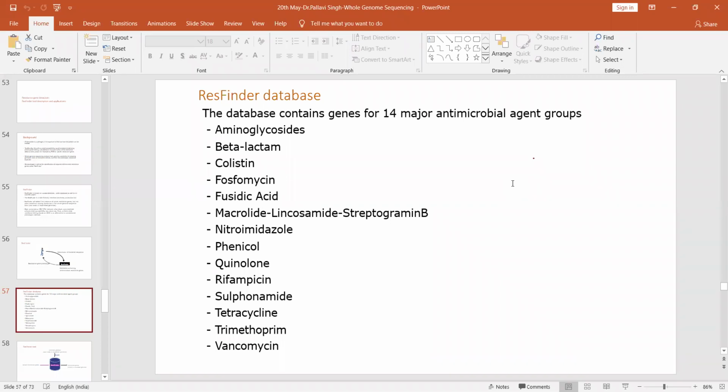So my database will be able to tell, considering these 14 antimicrobial agents, whether my particular unknown bacteria has the resistance gene against these 14 antibiotics or not.